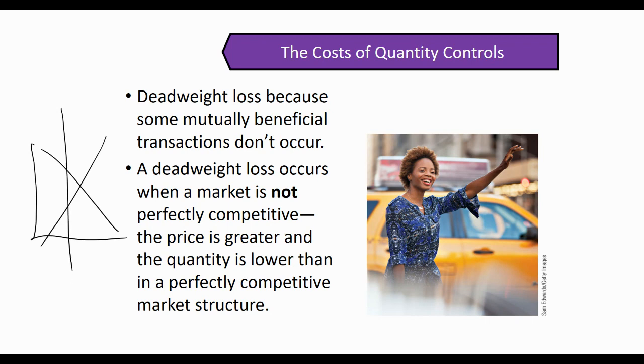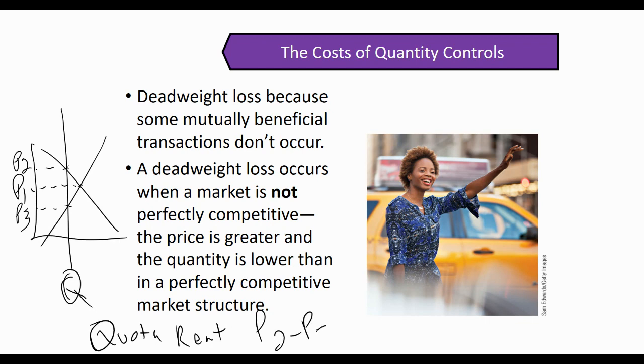So if there's an effective quota here, this Q is the quota. Essentially, instead of a voluntary exchange at P1 here, consumers are forced to pay P2, producers are forced to receive P3, and the quota rent in my example here is P2 minus P3 per transaction.